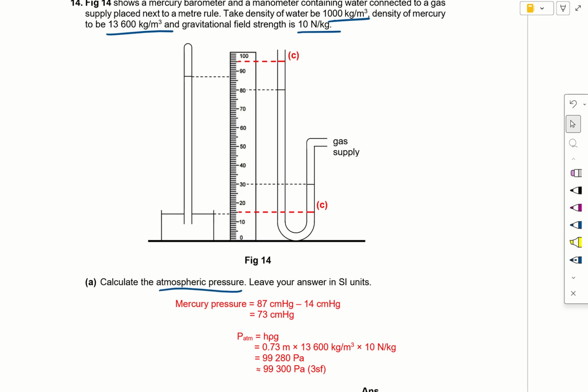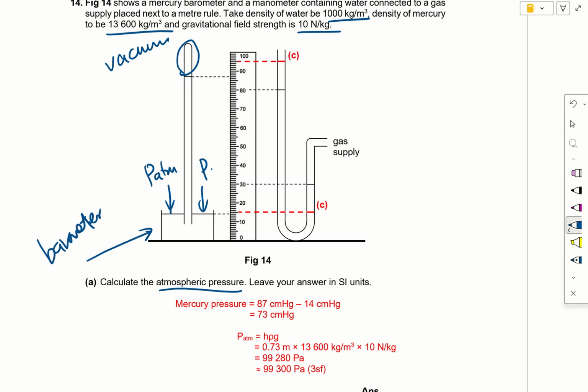Okay, so atmospheric pressure can be measured from the barometer. If this is a working barometer, inside here is vacuum, so we don't have to draw arrows, but atmospheric pressure is acting on the liquid surface outside here. Where do we have the same liquid, same level, same pressure? Over here at this level.